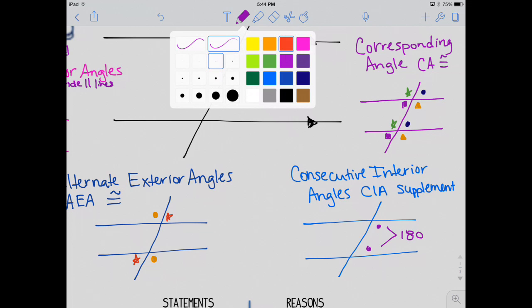So 12x equals 168. And x equals, I think it was 14. We're going to say it was 14. I hope that's right, because I don't have my calculator with me.